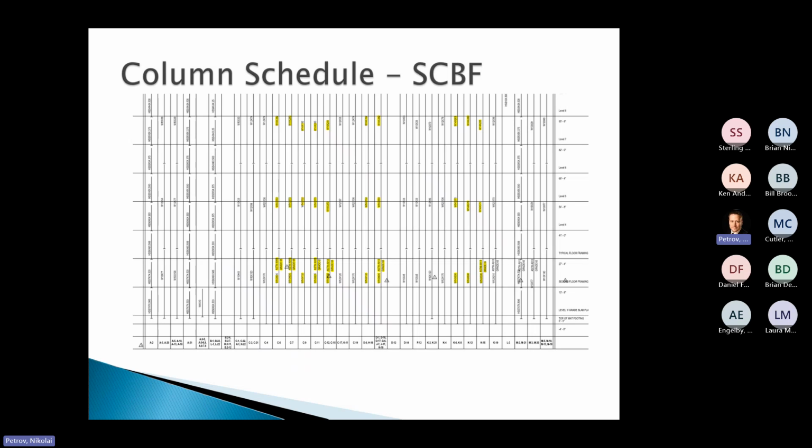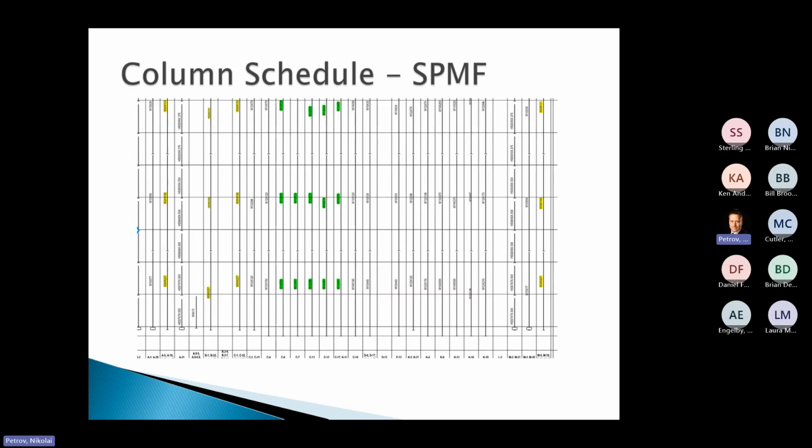So I think the next slide is basically the revised column schedule. And the heaviest column that I have is, I think, a W12 by 207. We've gone from a 605 to a 207. And that's at the perimeter now, since we're looking at moment frames at the perimeter. Every green highlighted column that you see, there's a column that was actually deleted.